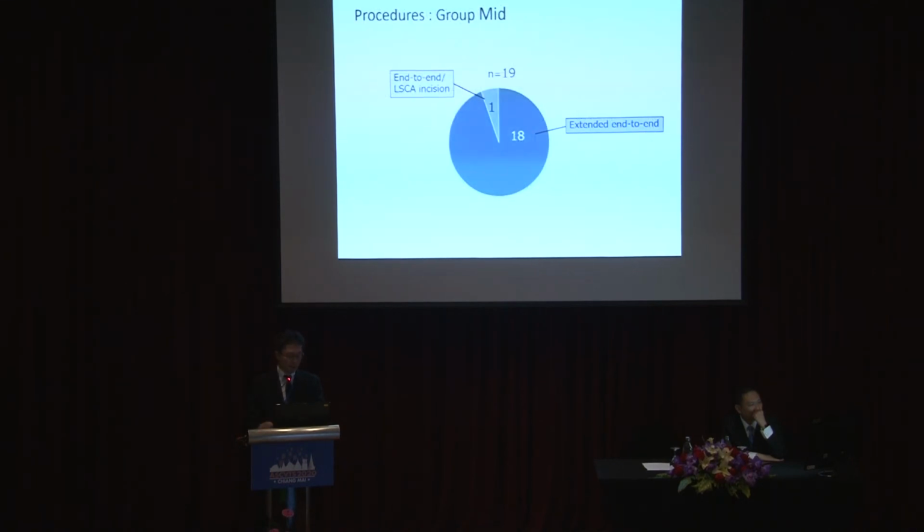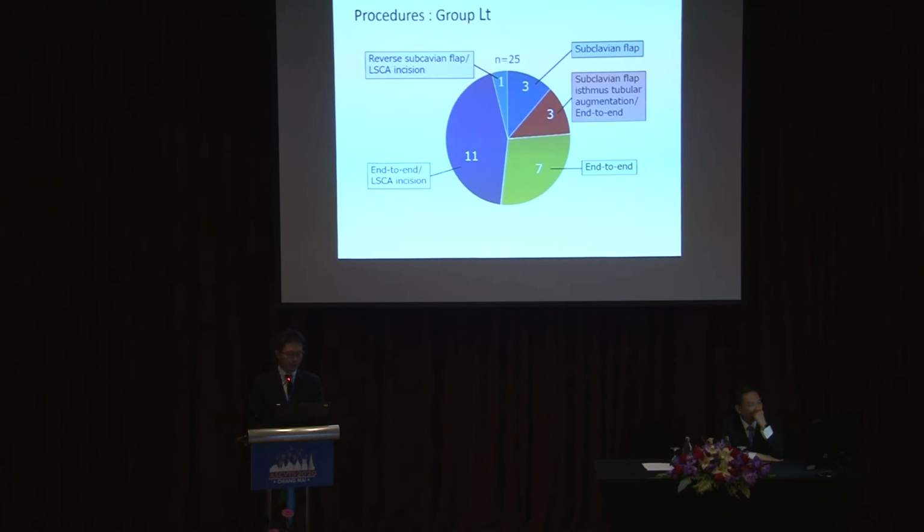This figure shows the proportion of procedures in group mid. Most cases were repaired with extended end-to-end anastomosis via median sternotomy. This figure shows the proportion of procedures in group left via thoracotomy. Various procedures were performed depending on the shape around the coarctation.